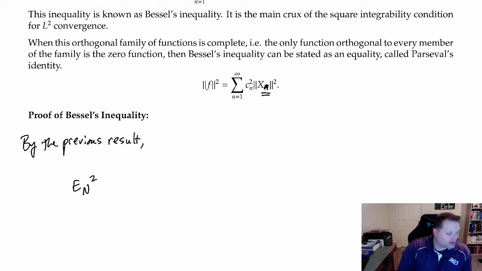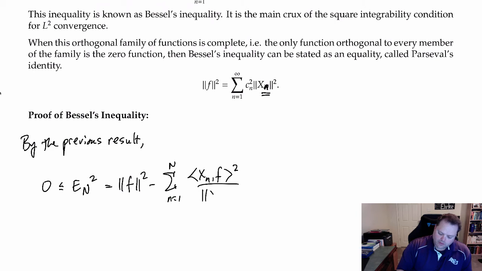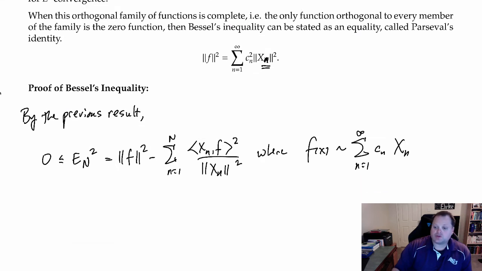the error squared, which is a positive value, no doubt, is equal to, let's see here, what did we have left over from last time? We had this thing squared minus the sum, n goes from 1 to n, squared over squared. This is where the function f of x has this approximation.